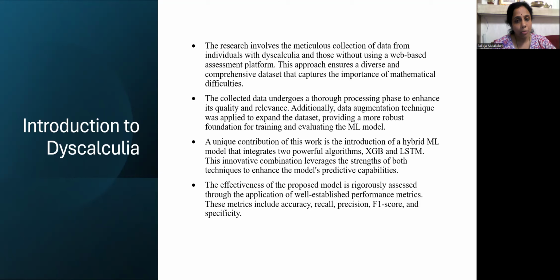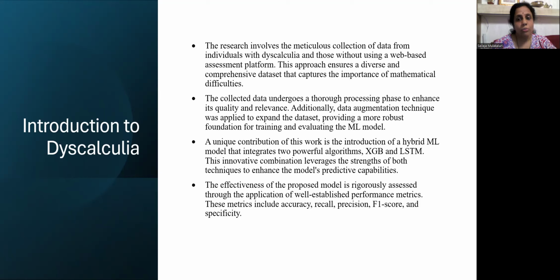the ML model. A unique contribution of this work is the introduction of a hybrid machine learning model that integrates two powerful algorithms, that is, extreme gradient boost, XGB, and LSTM, long short-term memory.